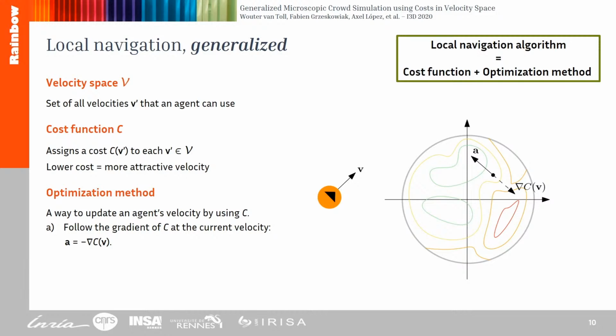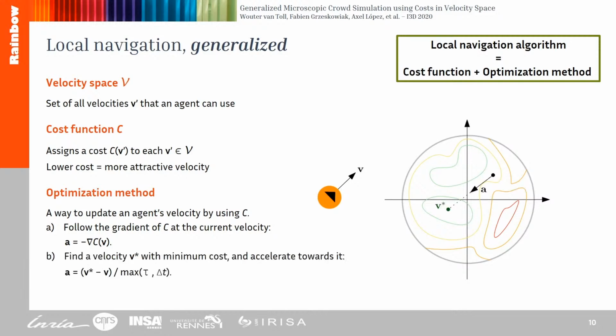And the other main option is to look for the best velocity in the whole space and then move towards that. And usually this is done via sampling, so by just trying out a lot of velocities in this space and then picking the best one. But there are also algorithms that don't use sampling, but they compute the optimal velocity in an exact way.